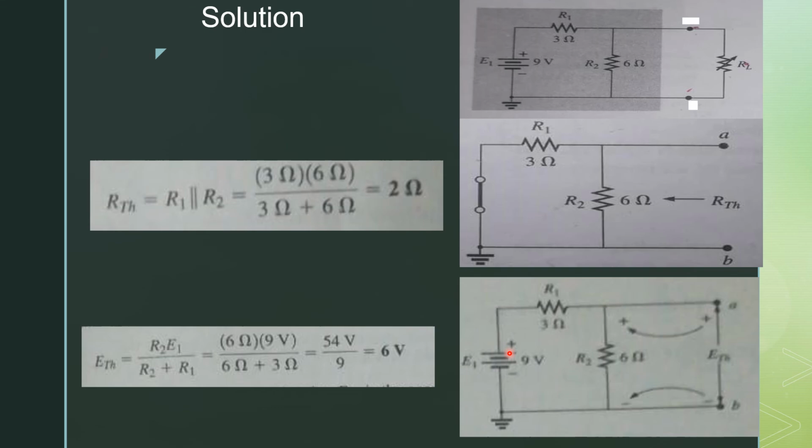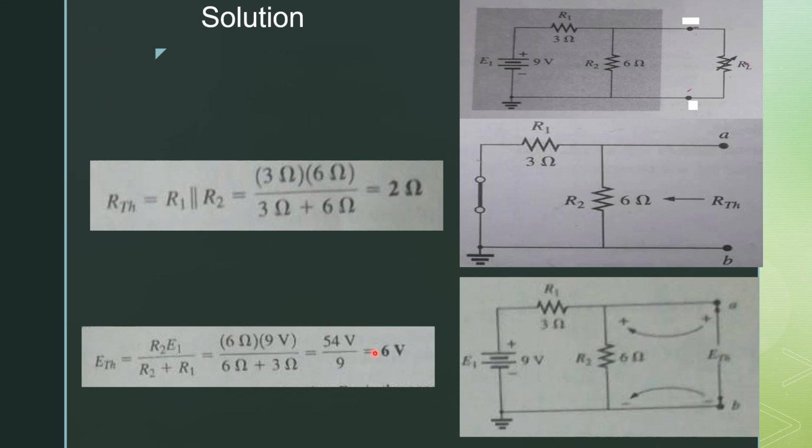So from the circuit we see that it is basically a simple series circuit. When we apply the voltage divider rule to this circuit, E Thevenin is equal to R2 into E1 divided by the total resistance of that series circuit. When we substitute the values of R2, R1 and E into this equation, we get E Thevenin equal to 6 volts.